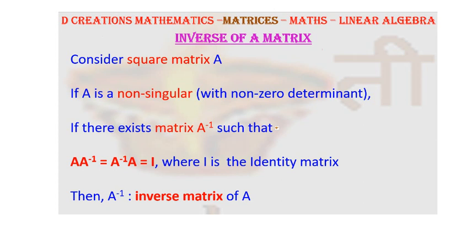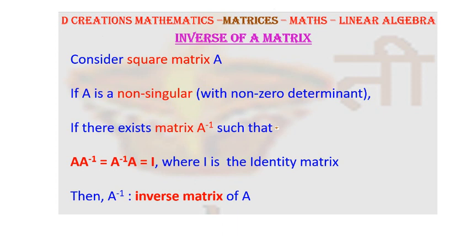For that purpose, consider a square matrix A. Then take its determinant. If its determinant comes out to be 0, it will be called a singular matrix, and in that case, there is no inverse for that particular matrix, or it is a non-invertible matrix. But if the determinant of the square matrix A is non-zero, then it will be called a non-singular matrix, and it is also an invertible matrix.